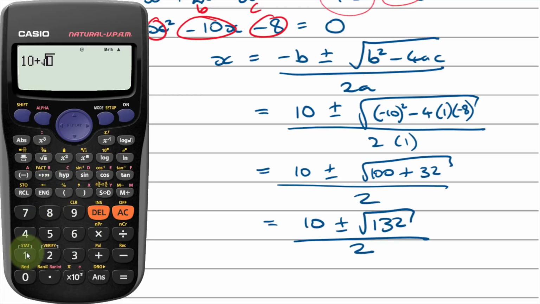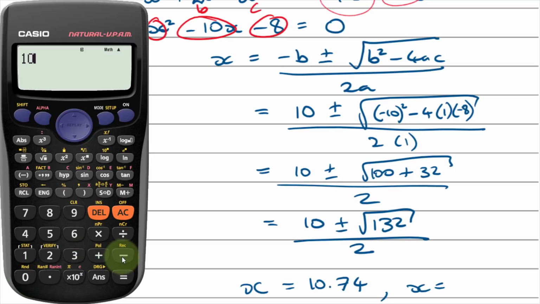10 plus the root of 132 divided by 2 is 10.74. So x is equal to 10.74, or x is equal to what I'd get if I take that away.